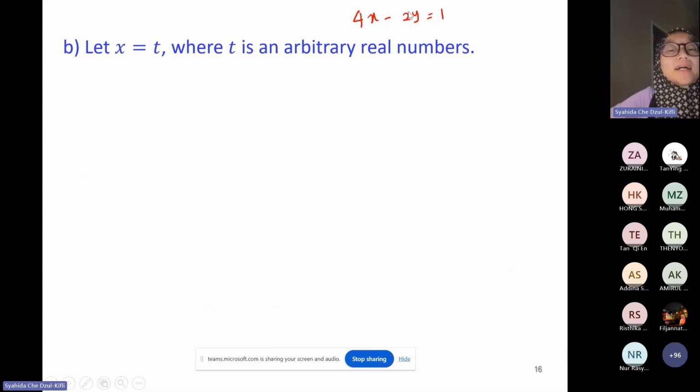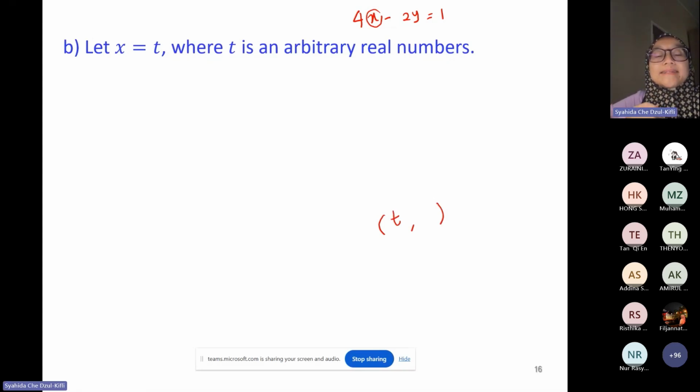To write down the solution for this linear equation, we let x equal to t, where t is an arbitrary real number, or t is a parameter. Remember the solution must have two components. So the first component is t.